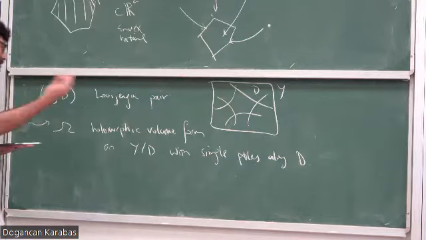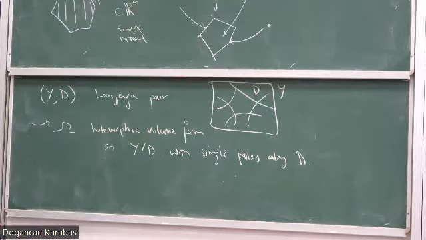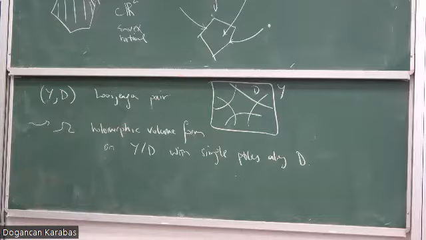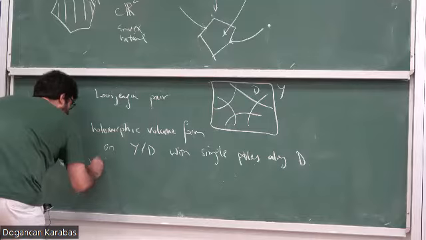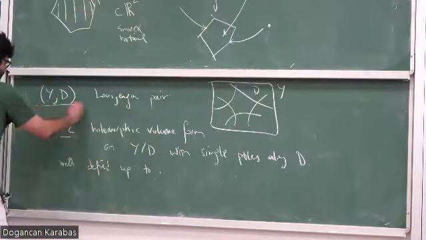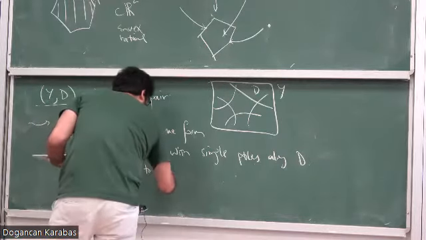And the poles of this are exactly along D, and they're simple poles. So we automatically have a holomorphic volume form. And remember also that this holomorphic volume form is well defined up to multiplication by a non-zero complex number. By well defined I mean that from (Y, D) being a Looijenga pair, you immediately obtain the structure up to multiplying with a scalar.